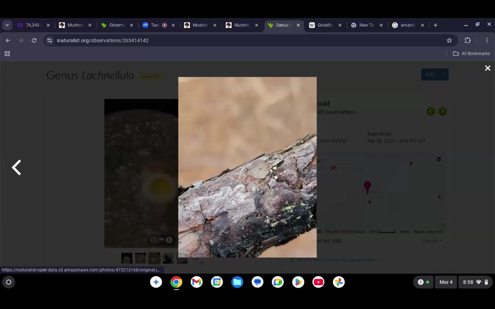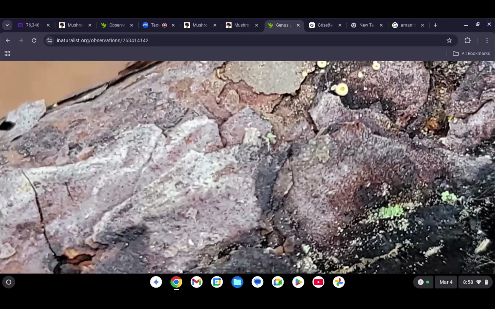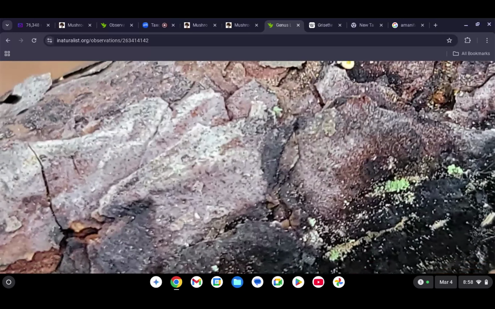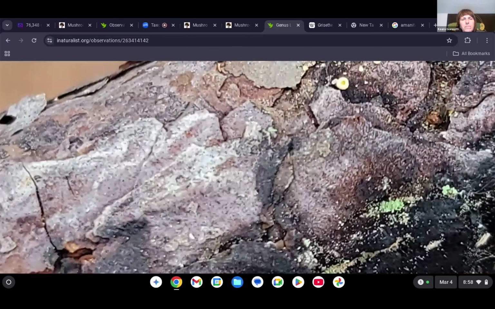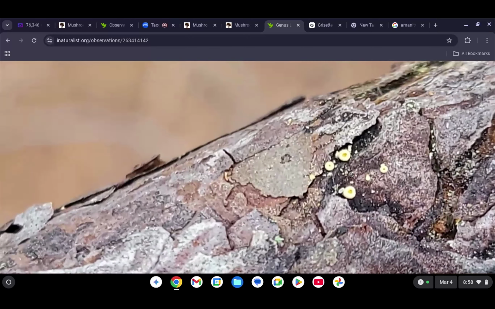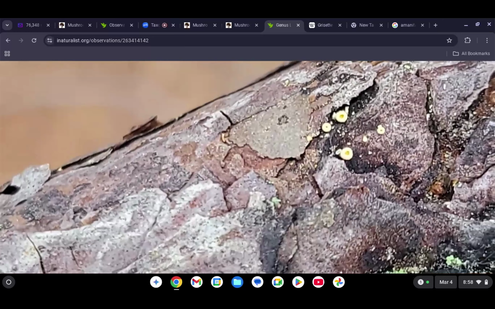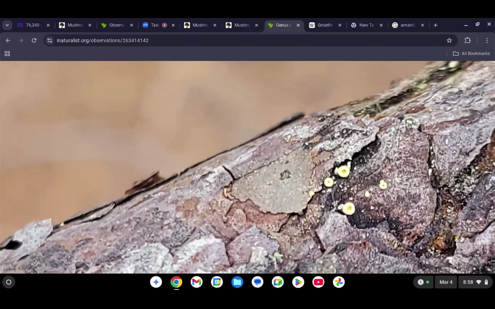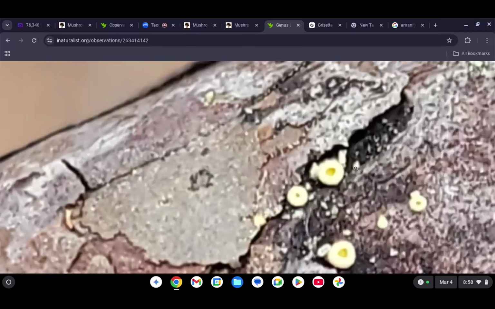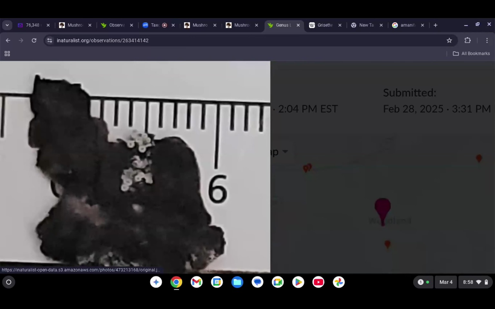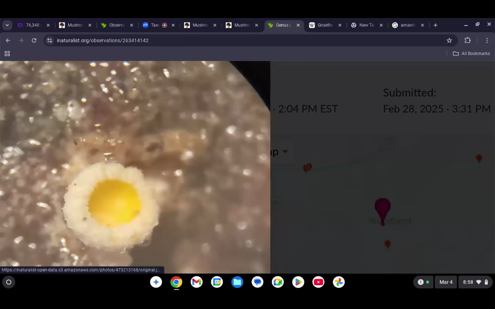Now, I was interpreting this black as just kind of moisture because that's where it was set, somewhat buried. But it follows up here, and I still think that's just kind of moisture, but I don't know how sap actually works in the wild.